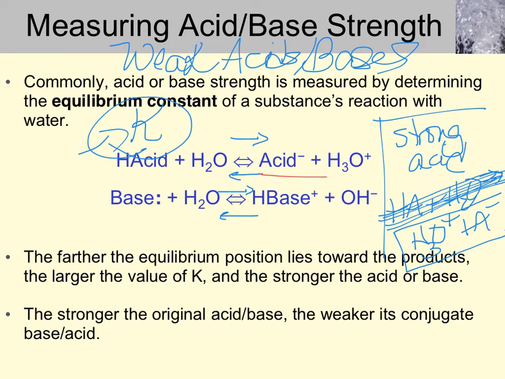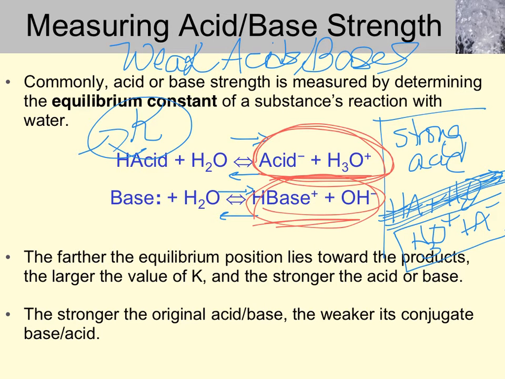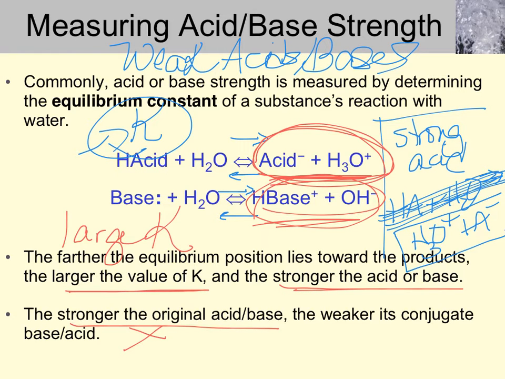Well, if you have a lot of the ionized form, that means you have a strong acid or strong base. So if you have a lot of product, the bottom line is a lot of product means a large equilibrium constant. So the stronger the acid or base, the larger the value of K.